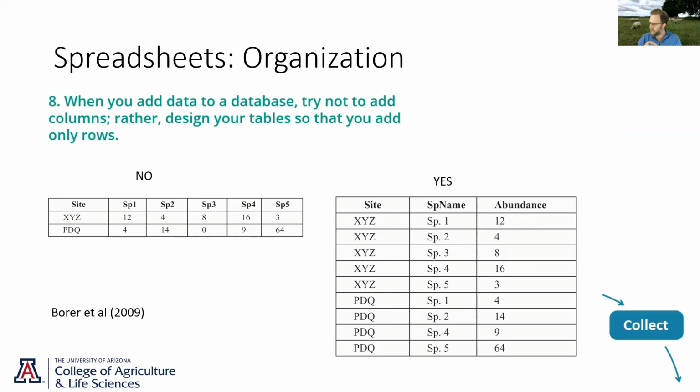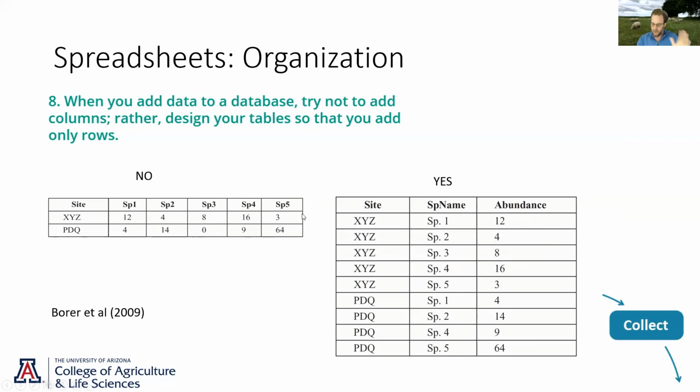But for the collection and sharing of data, having it reorganized in this way, which is analogous to what I was trying to explain in the last slide, is essentially taking it from what's considered a wide format to a long format. So if you came back to the 3rd site, and there was a species 6, then you'd have to add one more column.